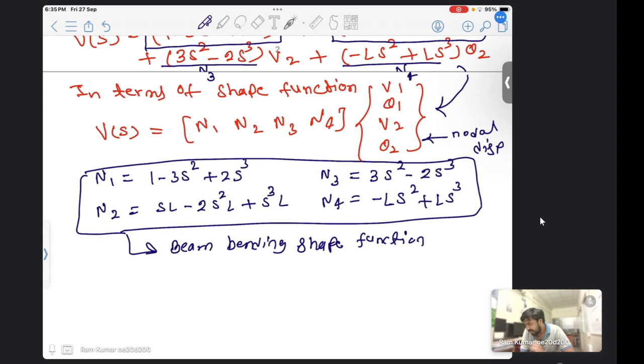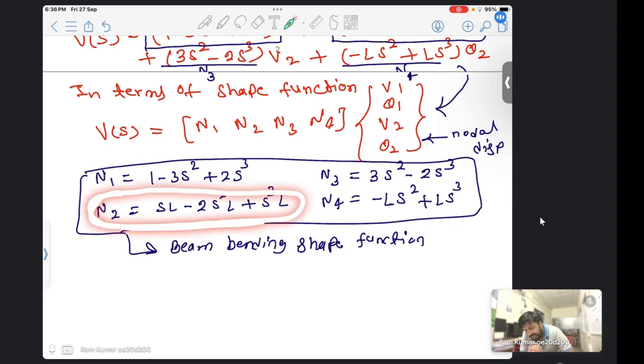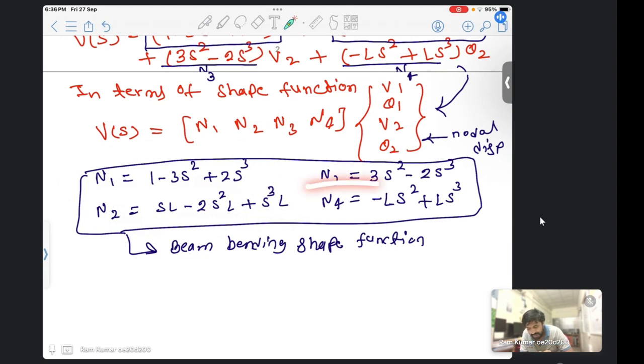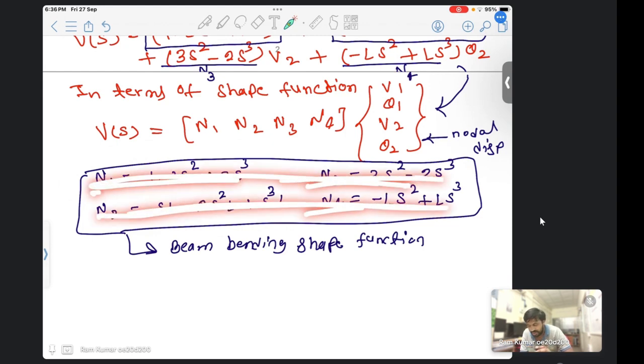So what is actually N1? N1 will represent node 1 displacement in the vertical direction, and N2 represents node 1 rotation about the z direction. Similarly, N3 and N4. So N1 and N3 represent the translation motion, N2 and N4 represent the rotation motion.